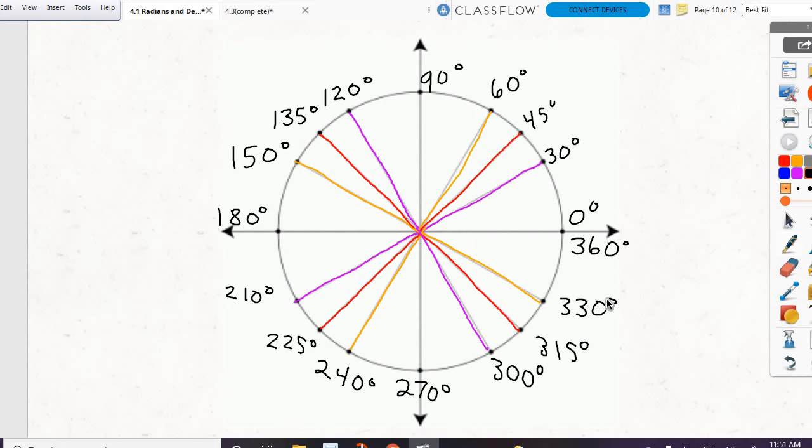Does that make sense? So this is going to be the basis of what we call our unit circle, our one-stop shop that gives us a lot of information that we need. So these are our common angles. Now, these are all in degrees, but is degrees our only form of measurement that we have learned now?